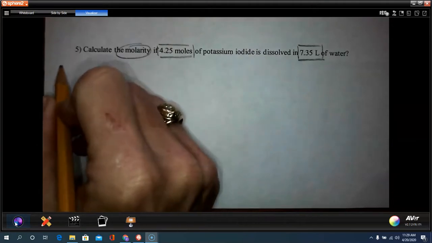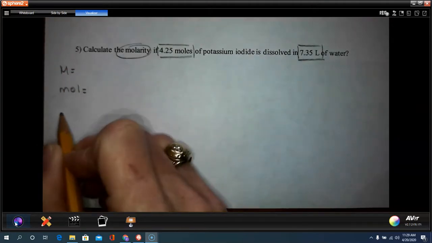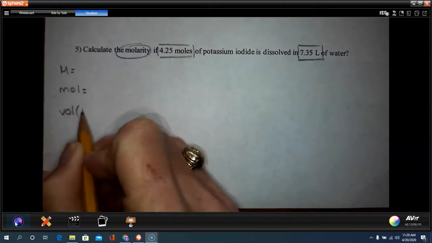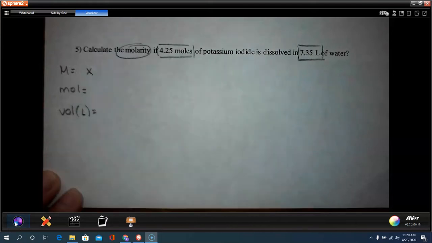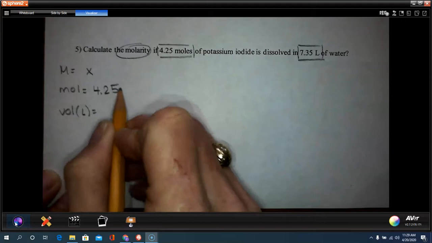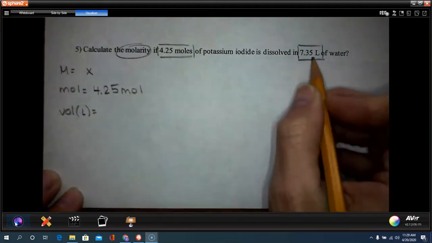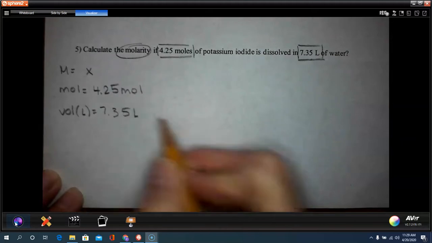So I need to list my variables: molarity, moles, and volume in liters. Let's see what we've got. Well, molarity is my unknown, moles 4.25, and my volume 7.35 liters.